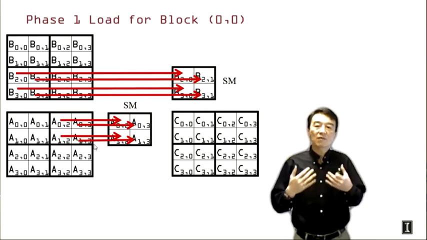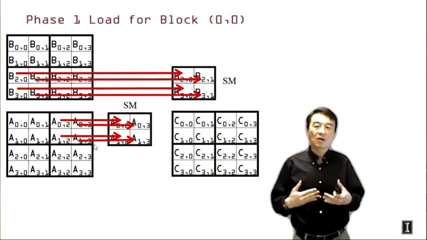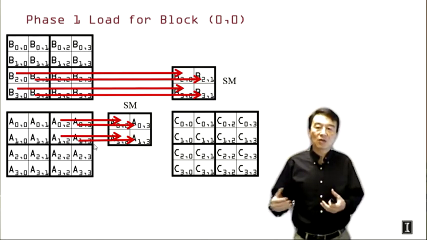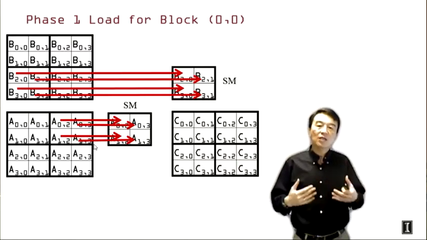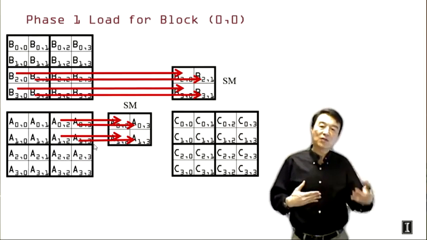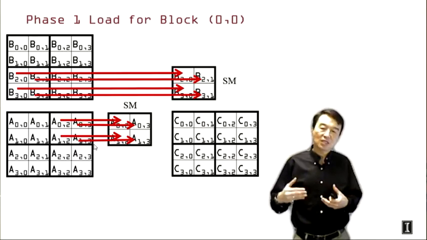Once we completed the execution of phase 0, we can move on to phase 1. And we will now need to load another tile of A, another tile of B into the shared memory. Since we have already used all the elements in the shared memory in the previous phase, we can now overwrite those elements.